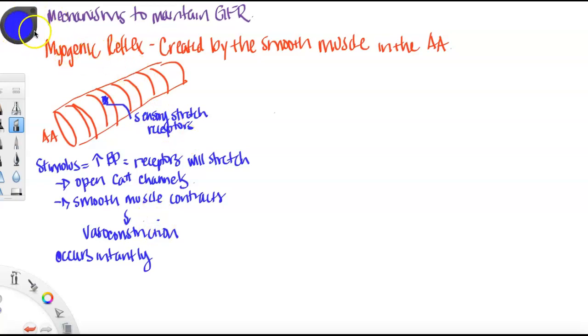The other control for GFR, glomerular filtration rate, is called tubuloglomerular control. So this is going to involve the juxtaglomerular apparatus.